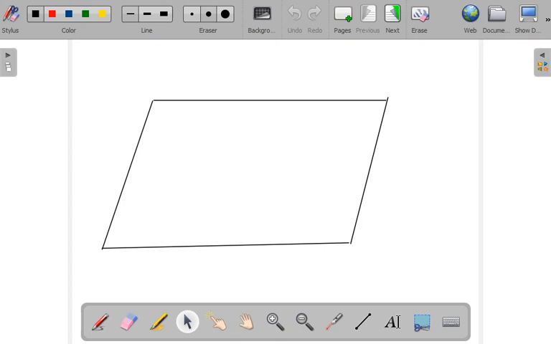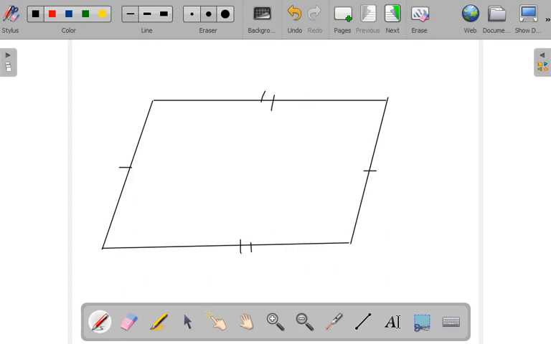So if we know that the opposite sides are parallel and we have a parallelogram, we also know that the opposite sides are going to be congruent. So this side would be congruent to this one, and this side would be congruent to this side.